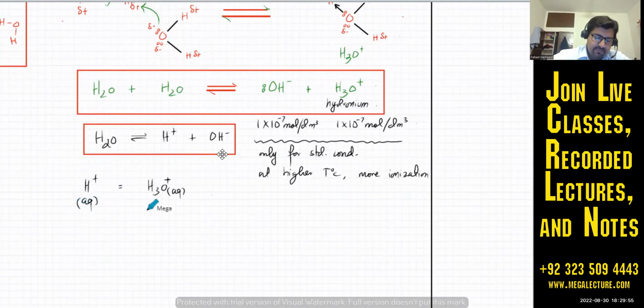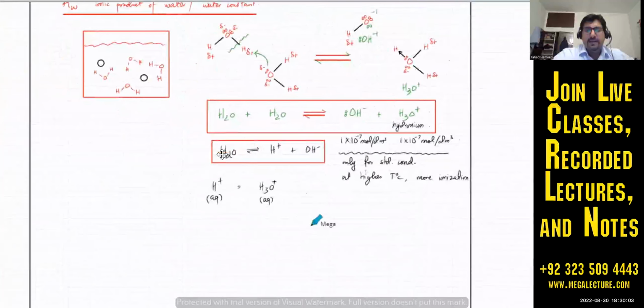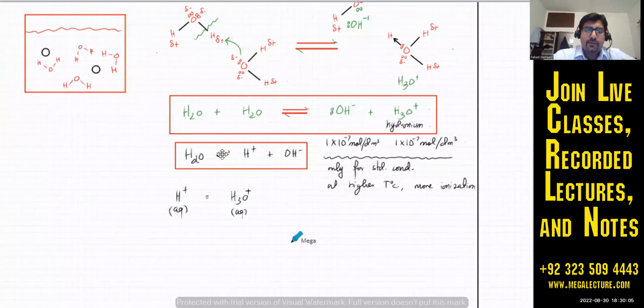In fact, we will actually call it H plus aqueous, because it doesn't really matter whether you call it H plus aqueous or H3O plus aqueous. Just remember this fact: inside water, H plus doesn't actually exist. The H plus quickly bonds with the lone pairs in water, and it ends up forming H3O plus. So these are your equilibriums. Both of them are exactly kind of the same.